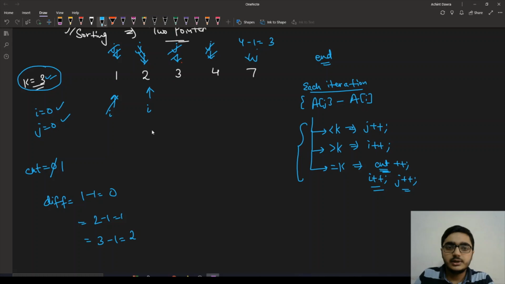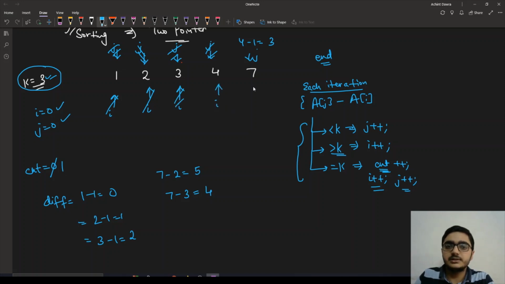Now again calculating the difference, it comes out to be 7 minus 2, which is 5. Now 5 is greater than k, so we need to increment our i pointer. Again calculating the difference: 7 minus 3, which is 4, which is again greater than k, so again incrementing the i pointer.